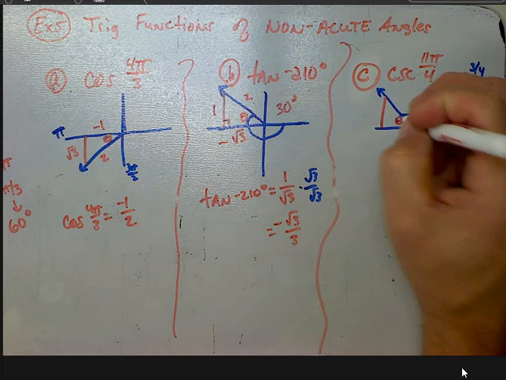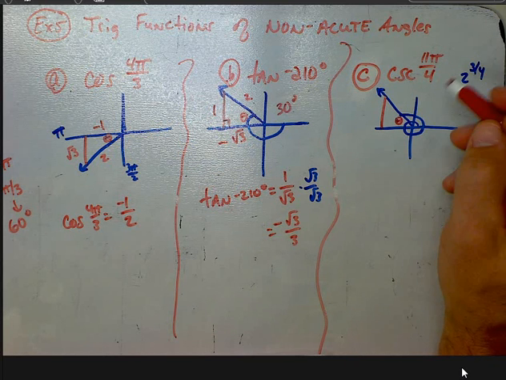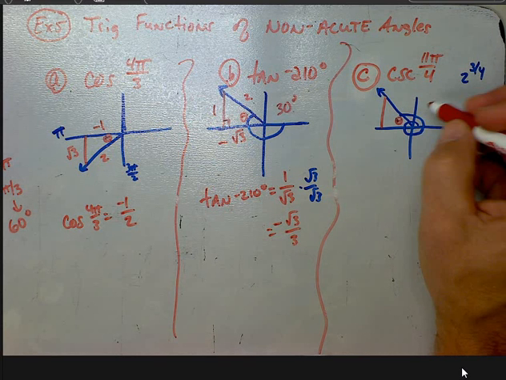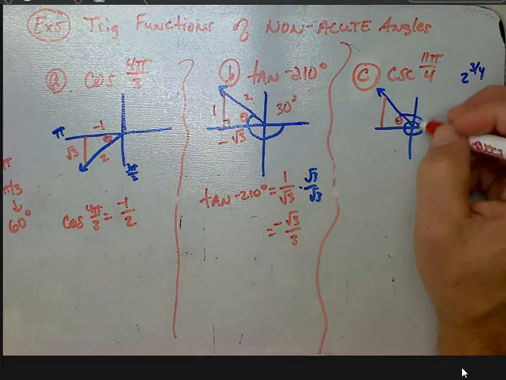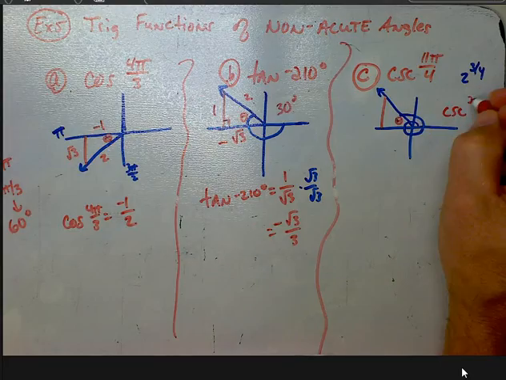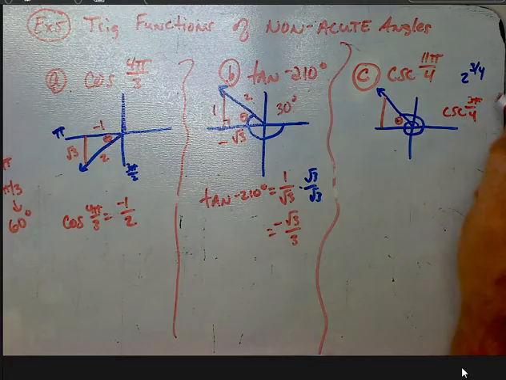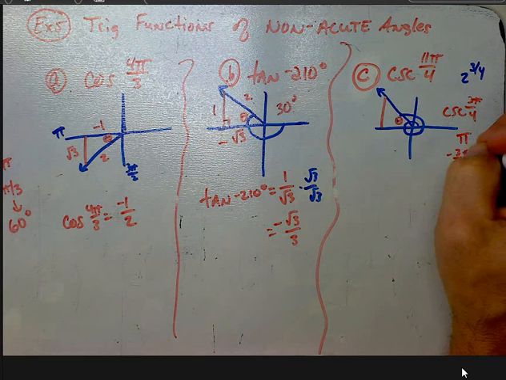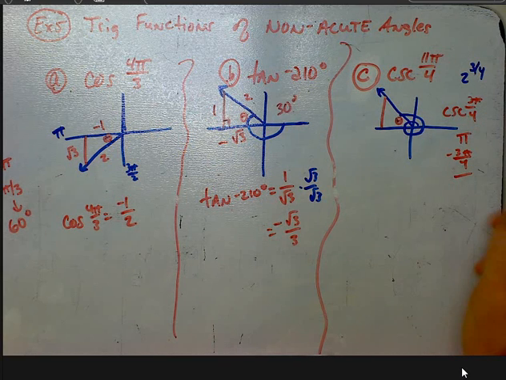And so I know that the cosecant of 11 pi over 4 is going to be the same thing as the cosecant of 3 pi over 4, after subtracting 2 pi. Since this angle is 3 pi over 4, the reference angle will be pi minus 3 pi over 4, which is pi over 4.